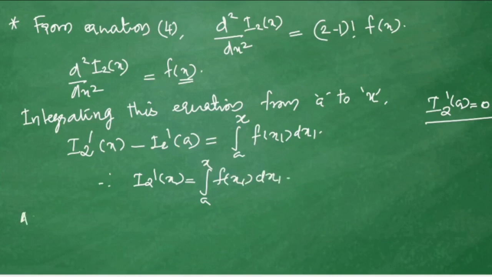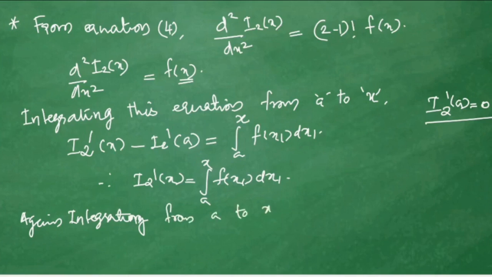Again integrating with respect to x from a to x, this will become I2 of x minus I2 of a is equal to integral a to x.